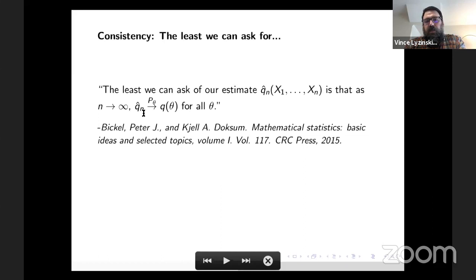We have the estimates converge in probability to the thing we're estimating, the function of the unknown parameter. This is the first thing you could ask for out of an estimate. And if your estimate isn't consistent, maybe choose a different estimate, or at least in this asymptotic perspective.